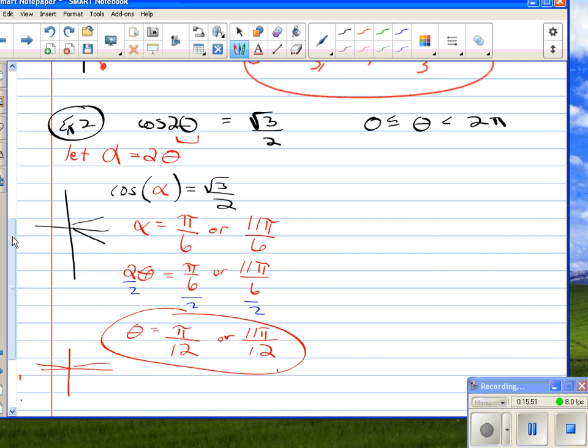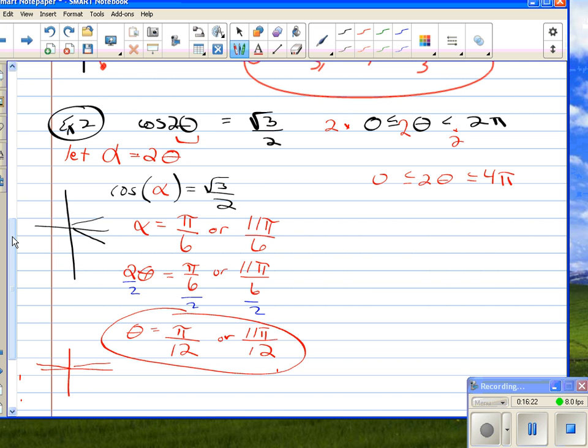So one way you can get all the extra answers is you change this theta to 2 theta. Well, I can't just multiply him without multiplying these other guys too. So what that does is that changes my range to 4 pi.